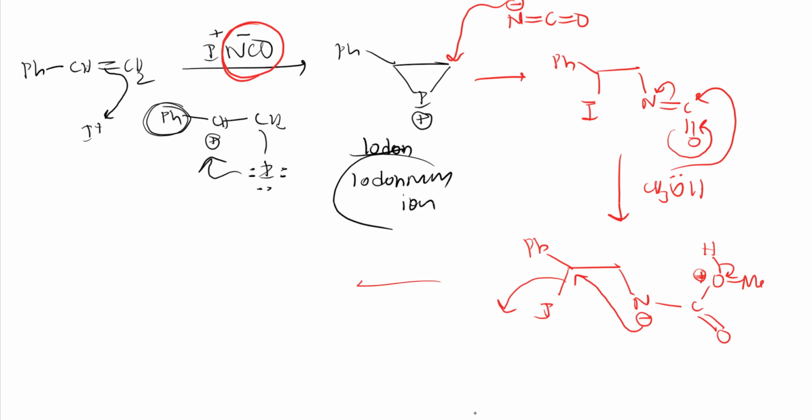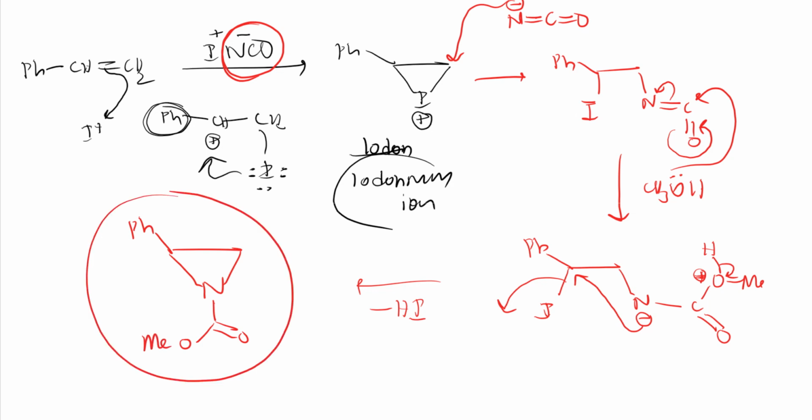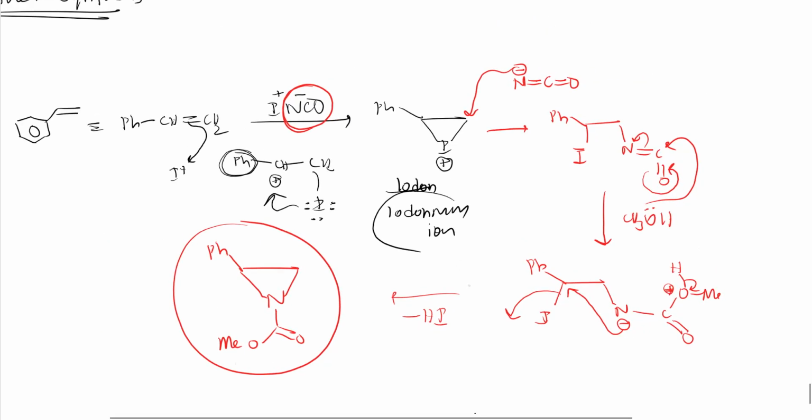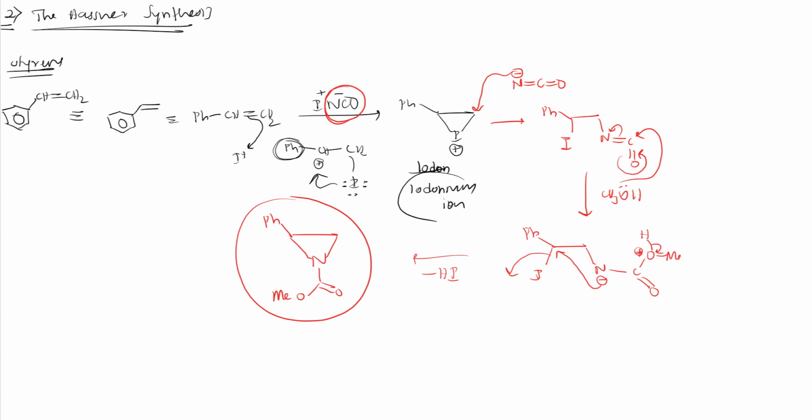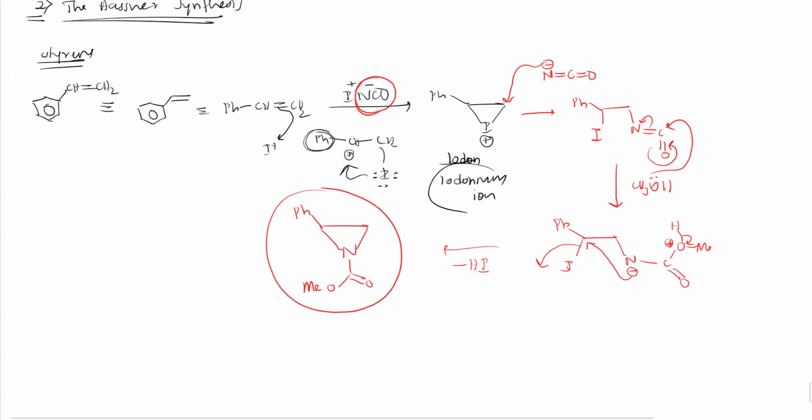So finally I will be removing HI, and I will get this ring with Ph here, and to this nitrogen there will be COOMe. I hope how I got it you understood, right? So it is a simple method. This is nothing but the Hausser synthesis, right?